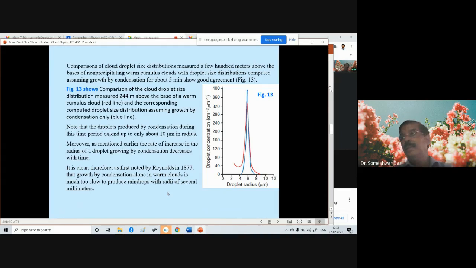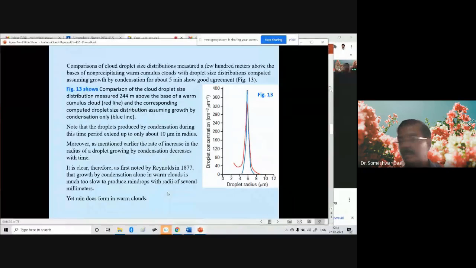If the cloud droplets grew only because of condensation, their growth would have been so slow that they wouldn't have been as seen in reality. Raindrop sizes can be a few millimeters, whereas the sizes of cloud droplets are only in terms of microns.